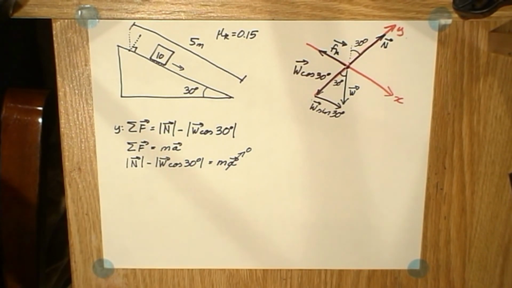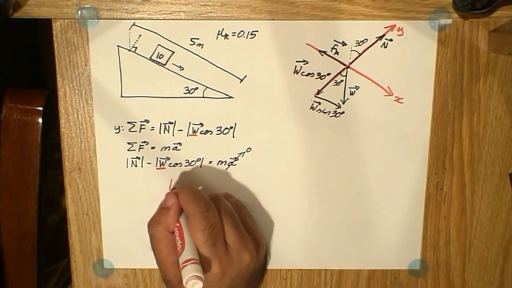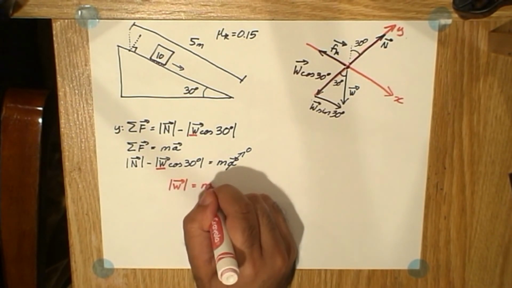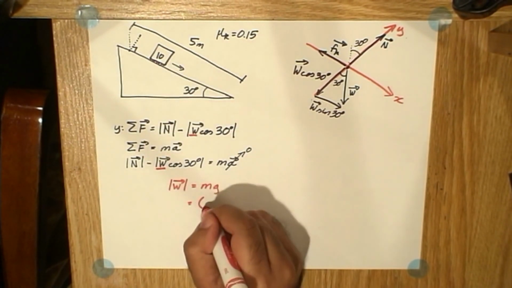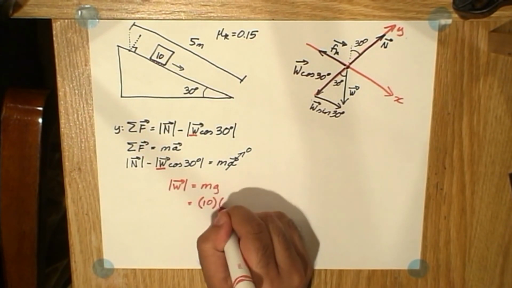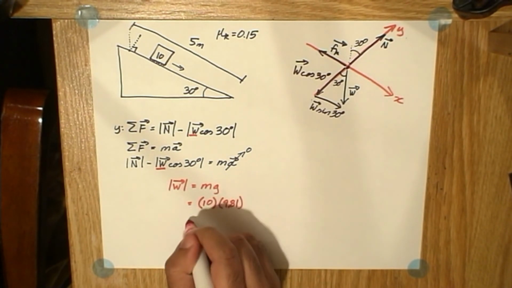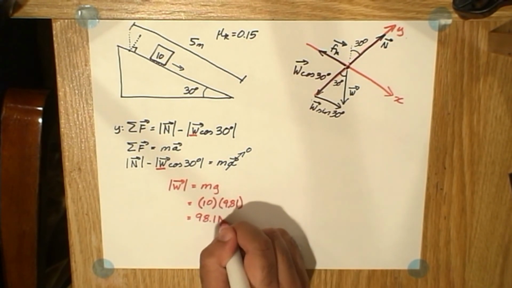Now, let's go ahead and solve for the weight. The size of the weight force is given by mg, which is equal to mass 10 times g, 9.81, which works out to 98.1 newtons.